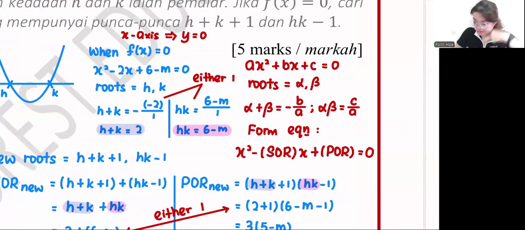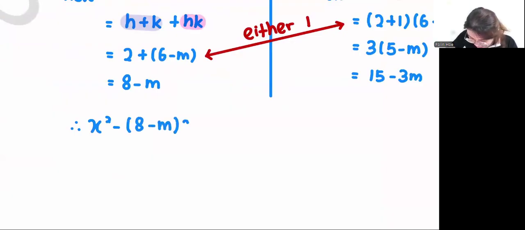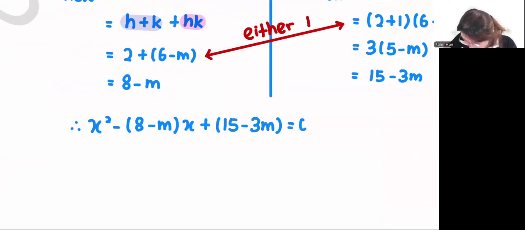Next, so come down here. Conclusion. X squared minus sum of roots x plus product of roots equals to 0. Arrange it nicely.